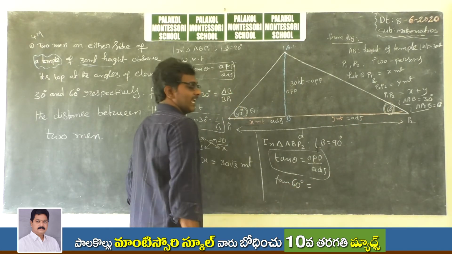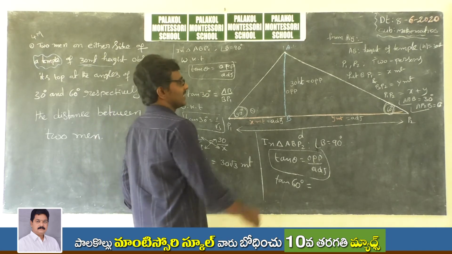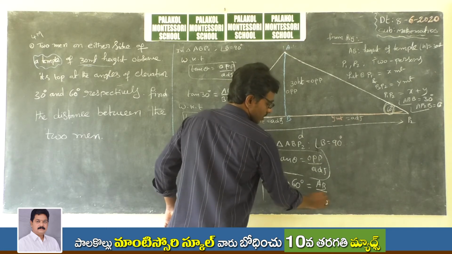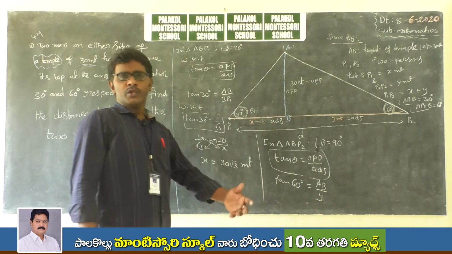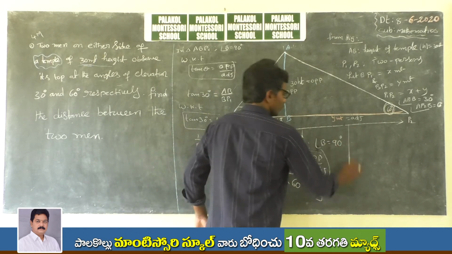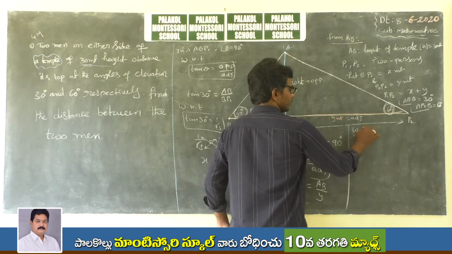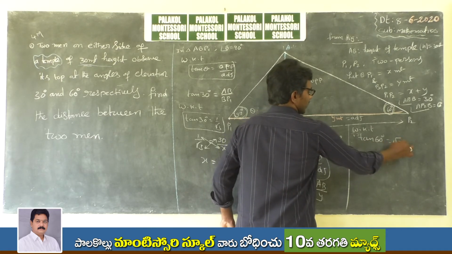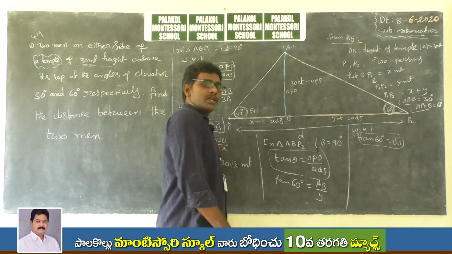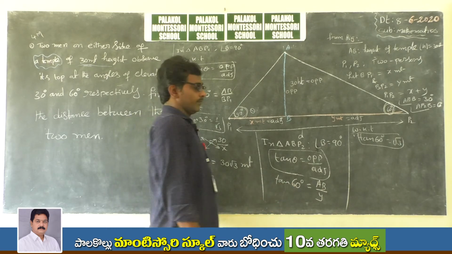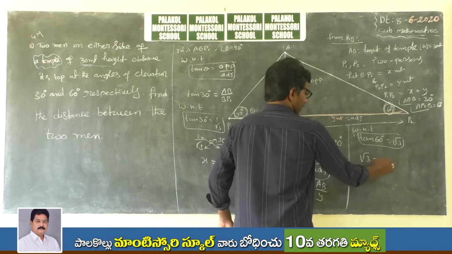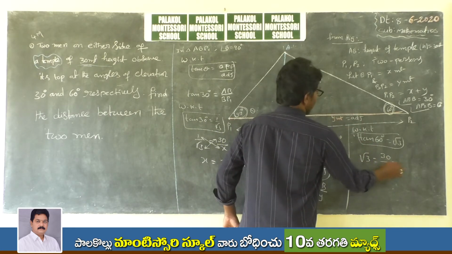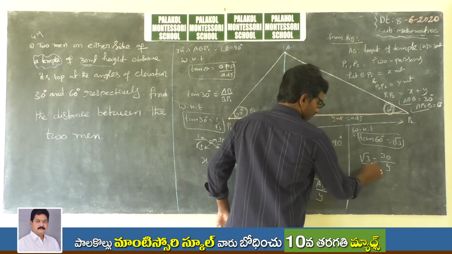Tan 60 degrees equals opposite side AB, adjacent side y. Already you know that tan 60 degrees is equal to root 3. I can write that value here: root 3 equals AB, that is 30 meters, by this value y.